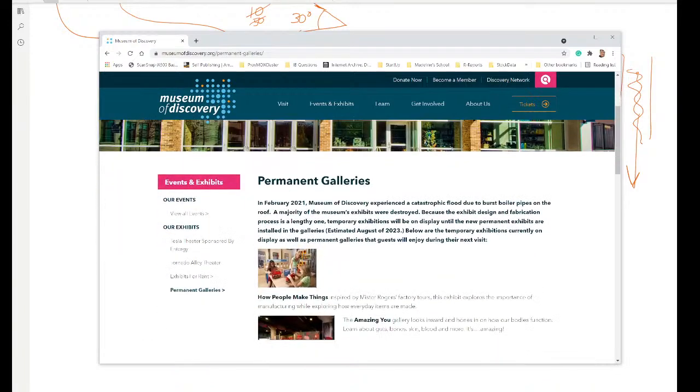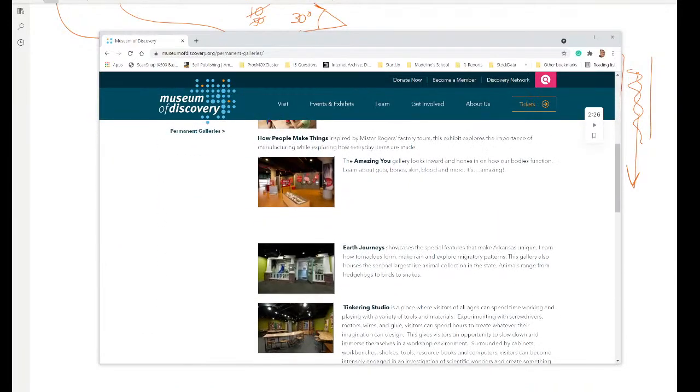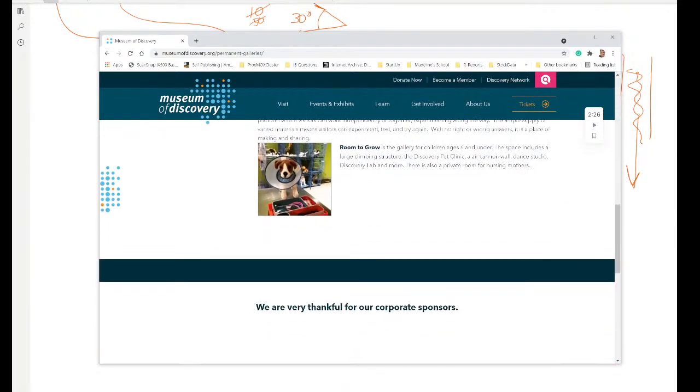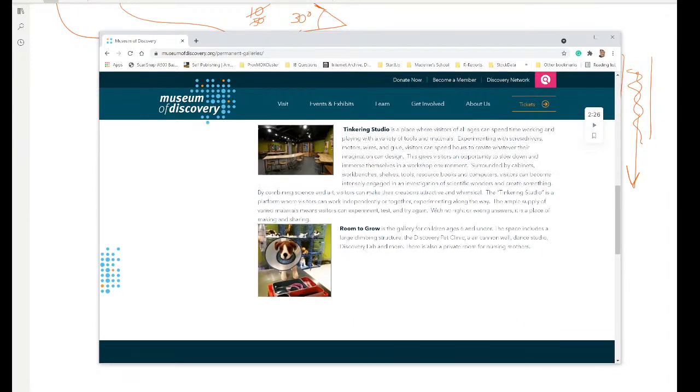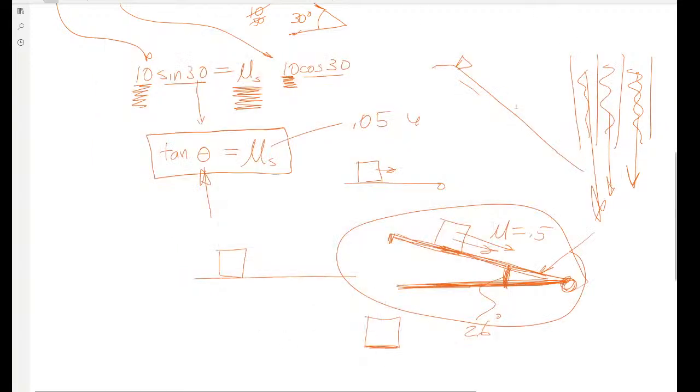Wow. Let me just sort of see. I doubt these exhibits are there. Anyway, they were there at one time, and the computer is operating very, very slow right now.